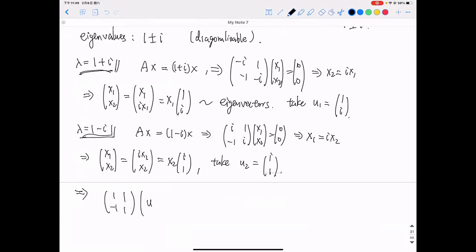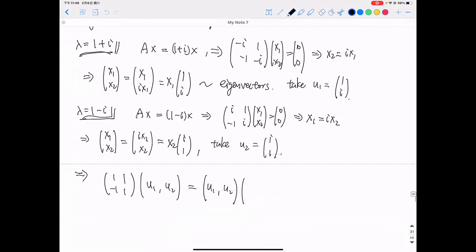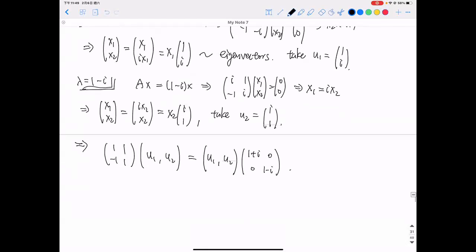And then you are now ready to assemble. Say u1 here, u2 there. Then this is going to be [u1, u2] times the two eigenvalues on the diagonal and 0 elsewhere, right?